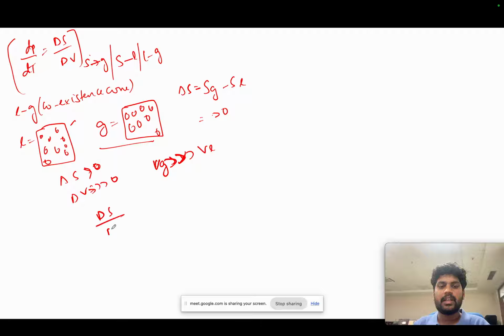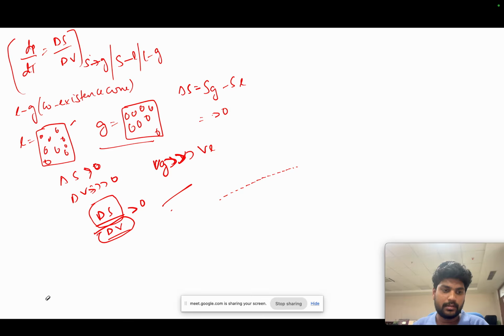So overall delta S by delta V will be greater than 0. But compared to both, this value is higher in this case compared to this value. So the graph will have a positive slope, but not the steepest one like this. It goes like this, with minimal changes.